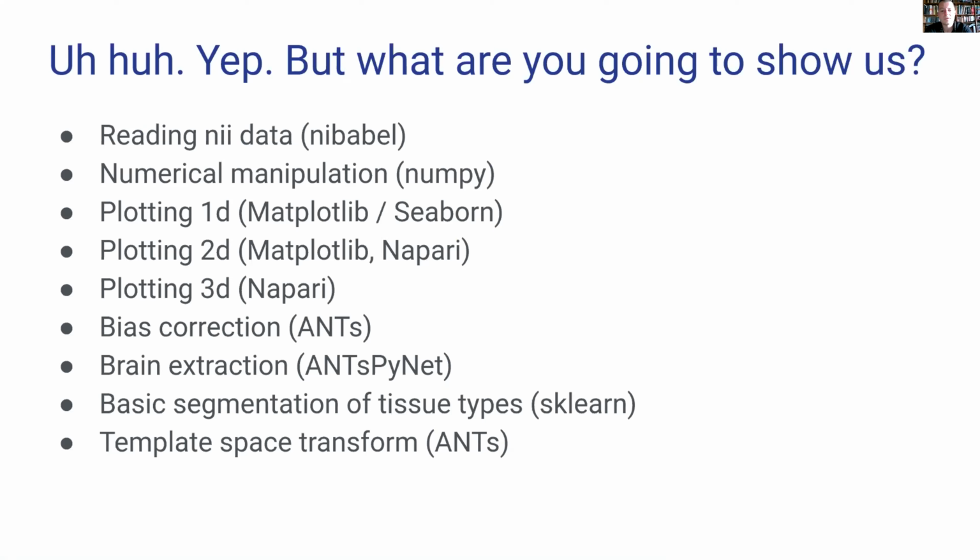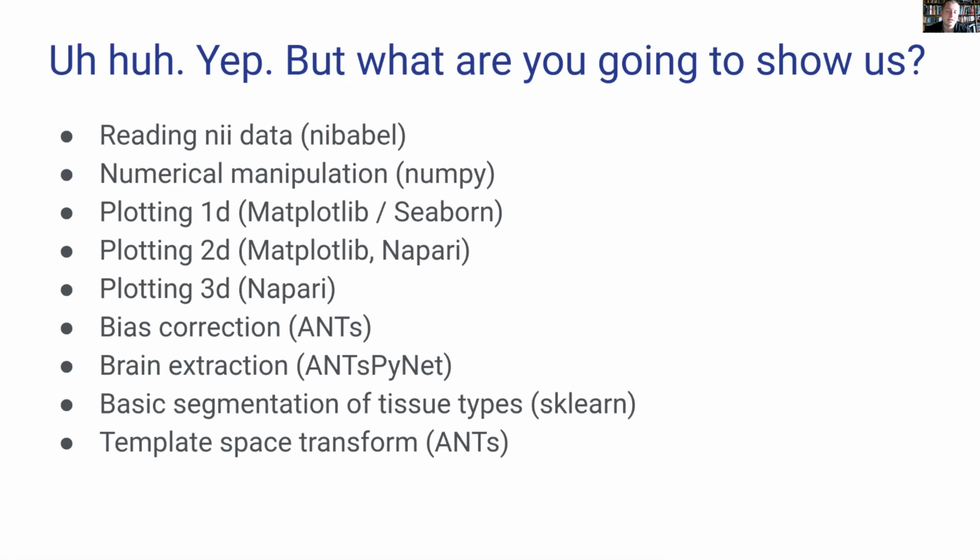On top of that, we're also going to make sure that our image voxel intensities are nice and homogeneous by doing bias correction. We're going to be taking a neural network and applying it when we do some brain extraction. And also we're going to be doing some basic tissue segmentation, so dividing the brain into a couple of different tissue types that it's made up of. So gray matter, white matter, and hopefully cerebral spinal fluid and the background.